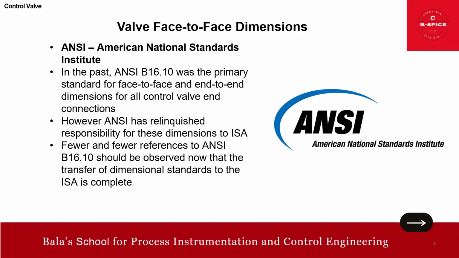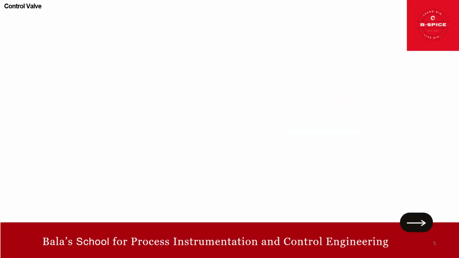So fewer and fewer references to ANSI B16.10 should be observed now that the transfer of dimension standards to ISA is almost complete. Now we need to refer to ISA. That's a piece of information I want to inform you.